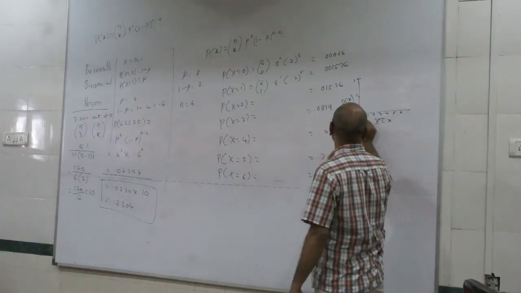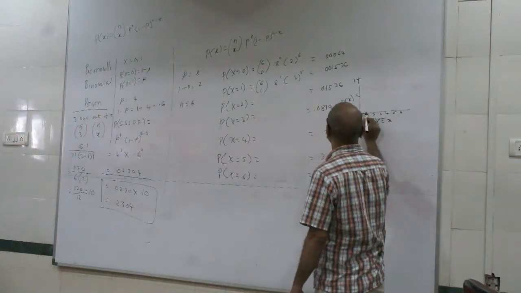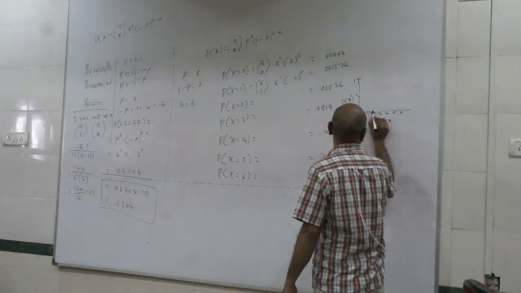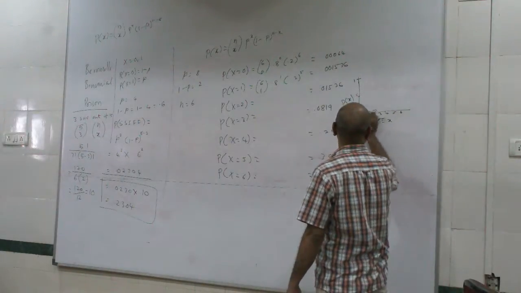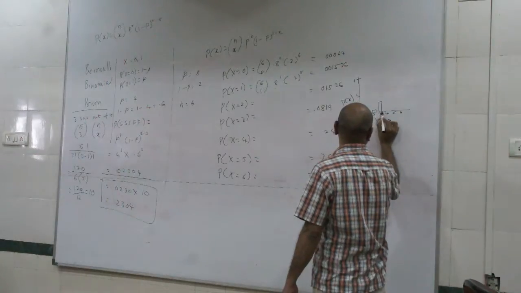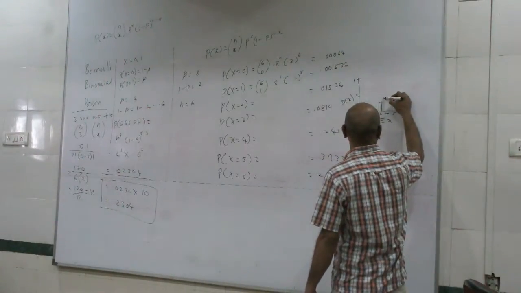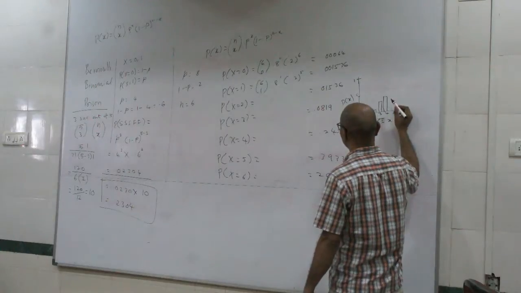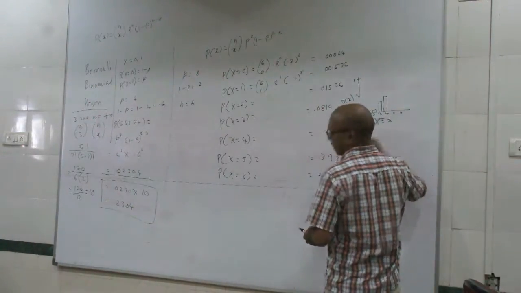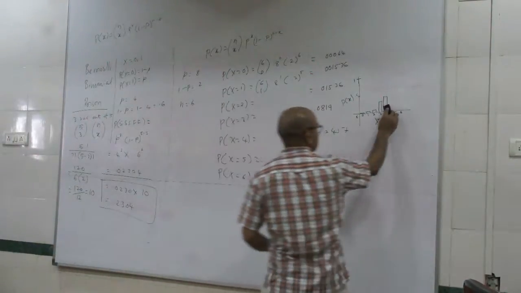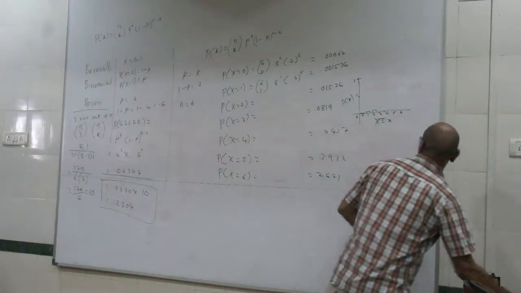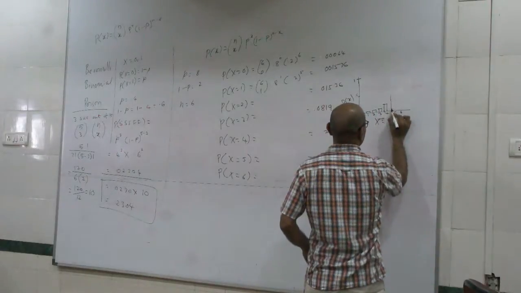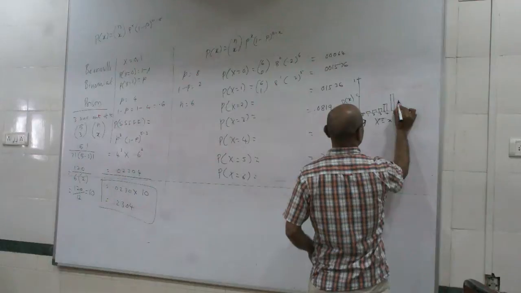The probability of x taking a value 0 is extremely small. 1 is slightly more than it. 2 is slightly more than 0.1. 3 is somewhere here, 4 is 0.2457, 5 is 0.39, up to say 0.4, and 6 is 0.26.